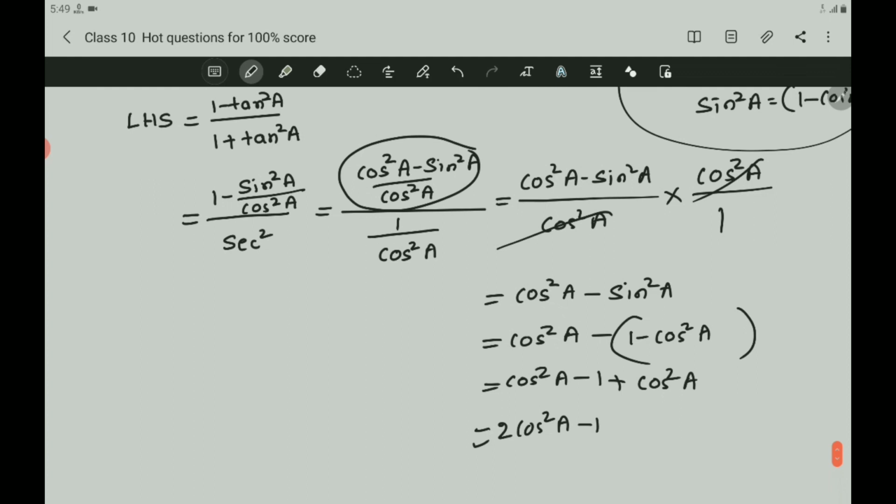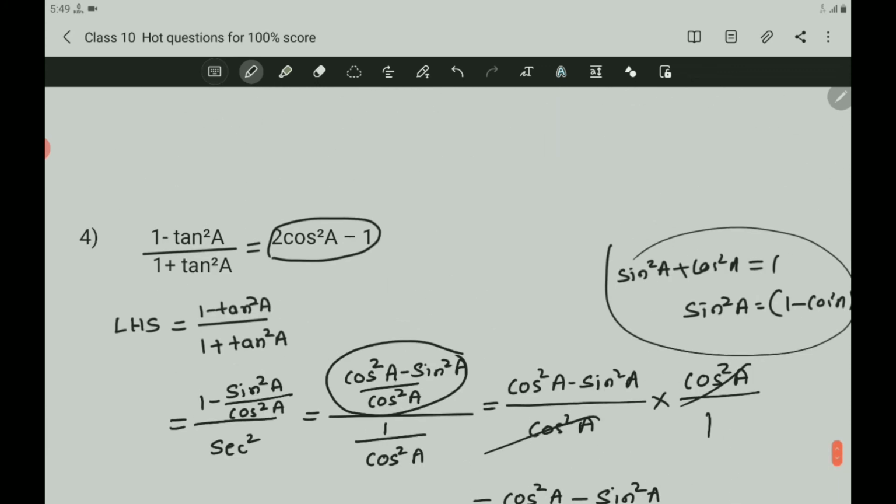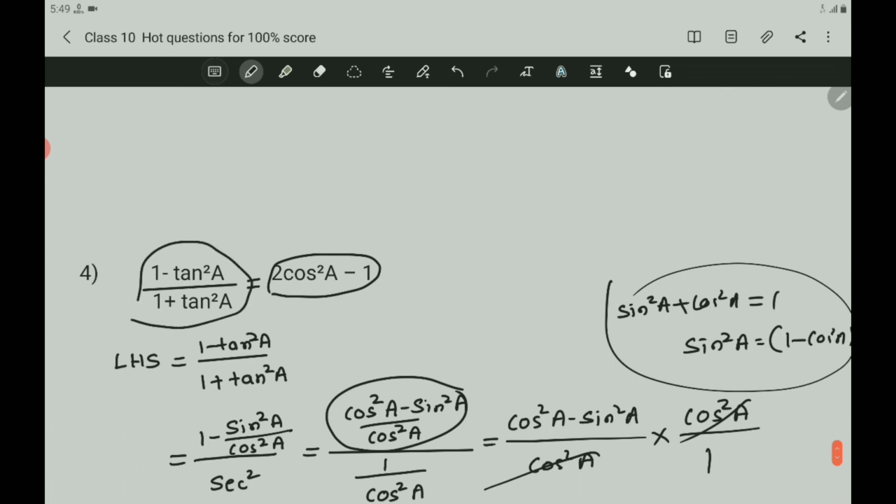That equals RHS. Therefore 1 minus tan²A by 1 plus tan²A equals 2 cos²A minus 1.